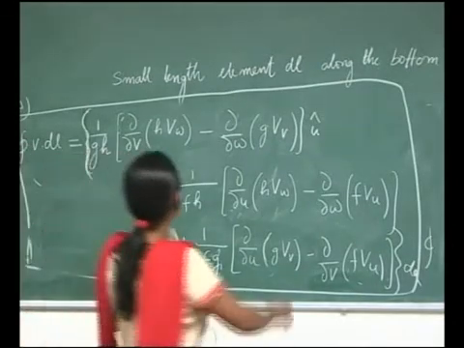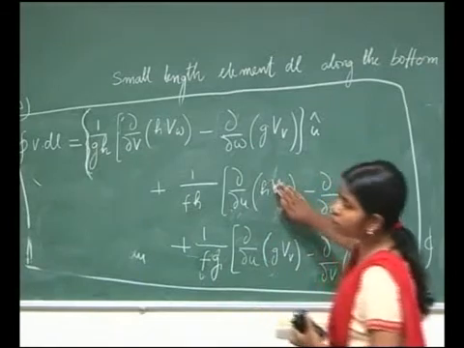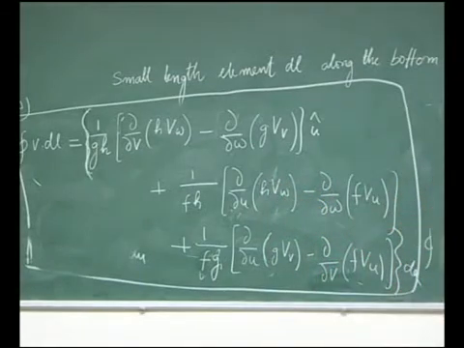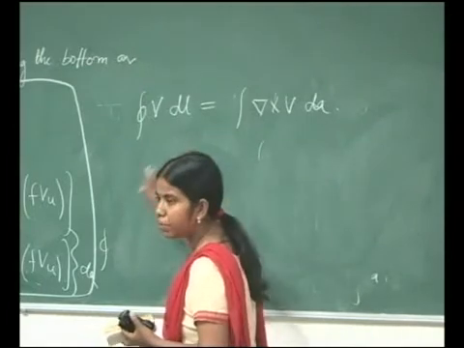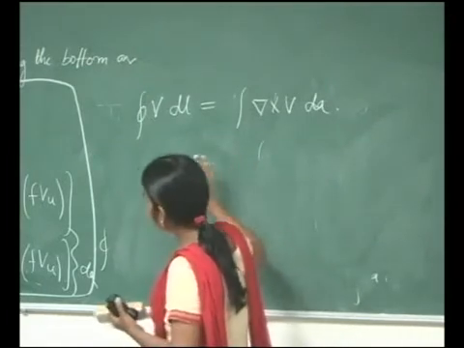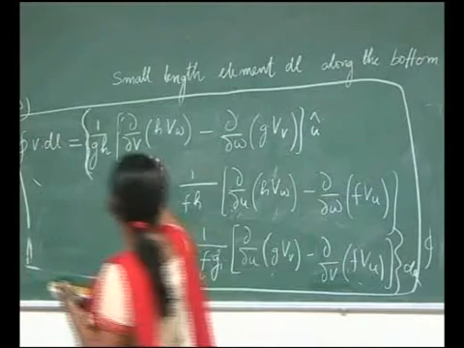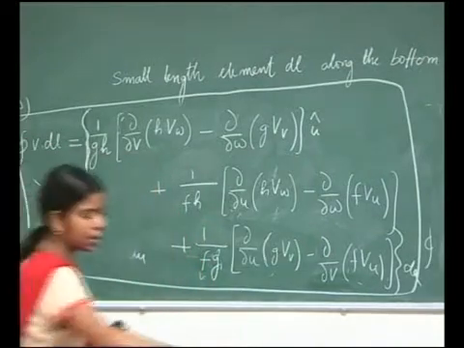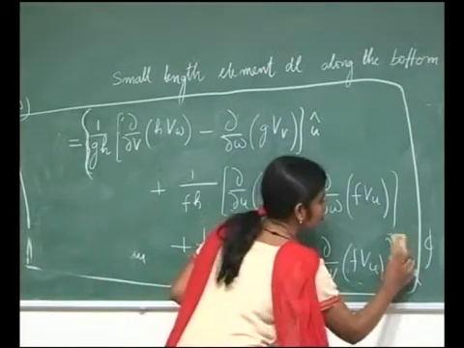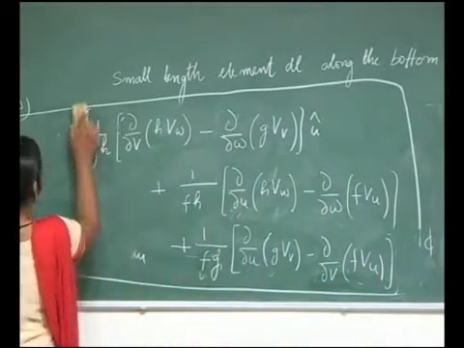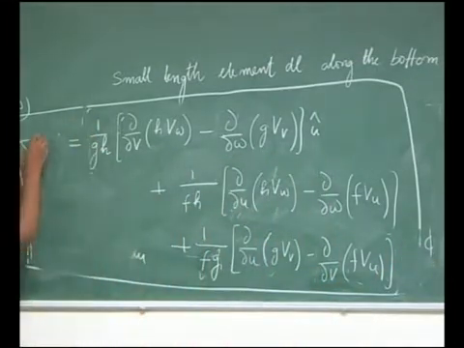So, I can write that this whole thing on the right hand side is actually equal to del cross V. From this theorem, if I compare, I can easily say that everything on the right is actually equal to del cross V. So, I can rewrite this expression, I will just remove this dA from here, and what I get here is del cross V in any curvilinear system.